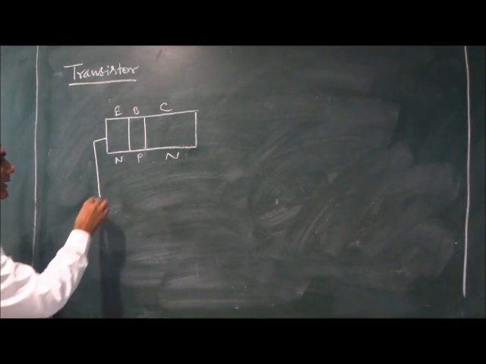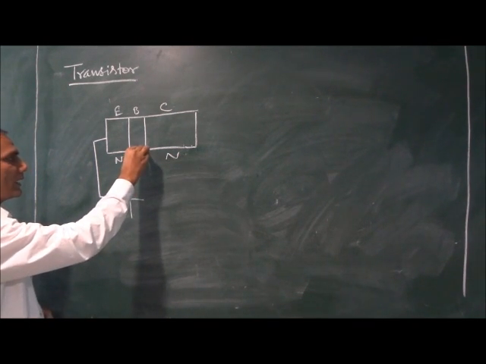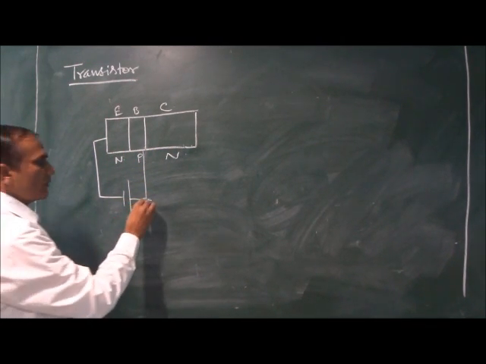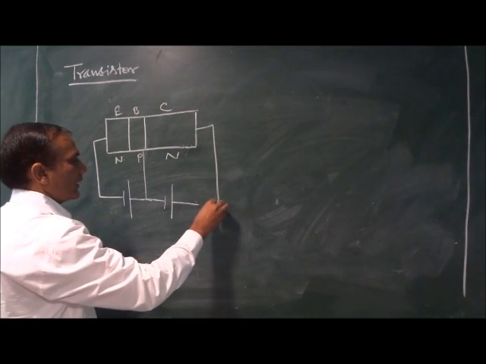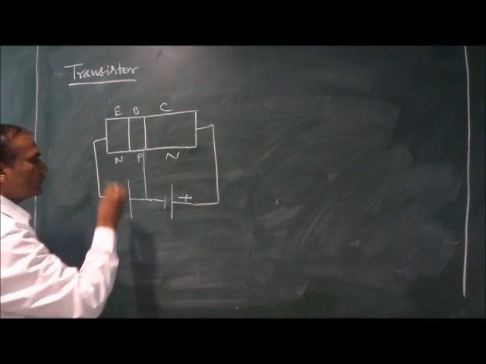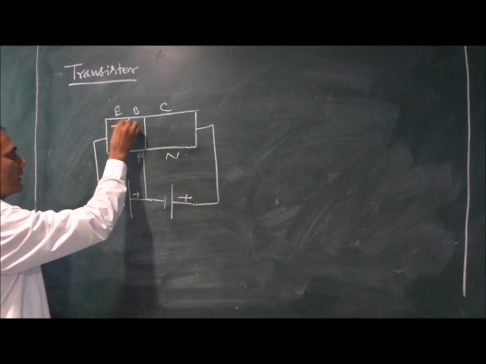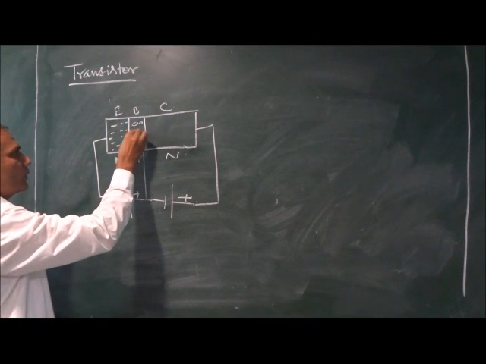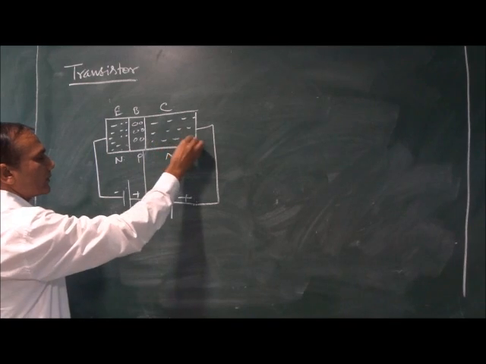First, the emitter is to be connected with negative. If you connect the emitter like this, then your base will be connected with the positive supply, and then again negative and positive. If it is an NPN transistor, it means you have a number of electrons available here, a number of holes, then again a number of electrons available here.